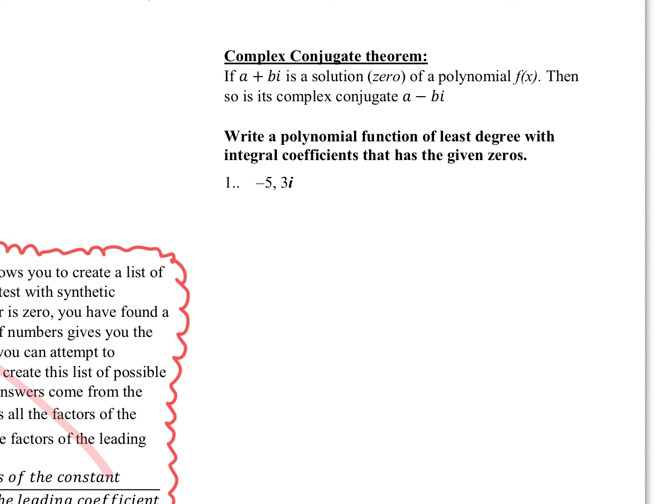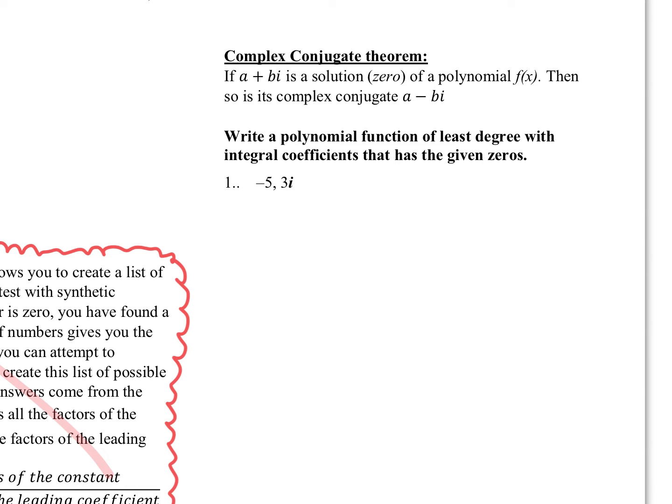So it says if a plus bi is a solution, then so is the complex conjugate, a minus bi. So for example, if I tell you 3 plus 2i is a solution of your polynomial function, then 3 minus 2i must also be a solution of your polynomial function.